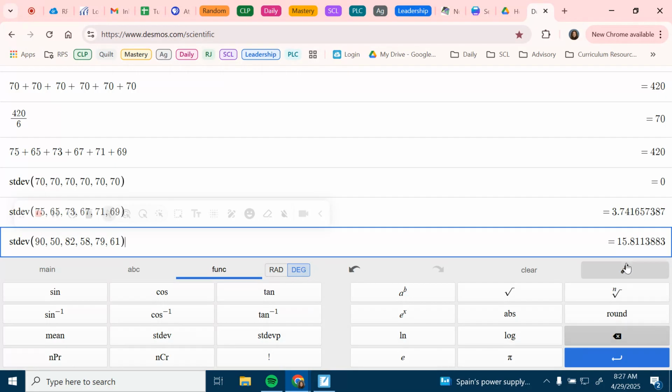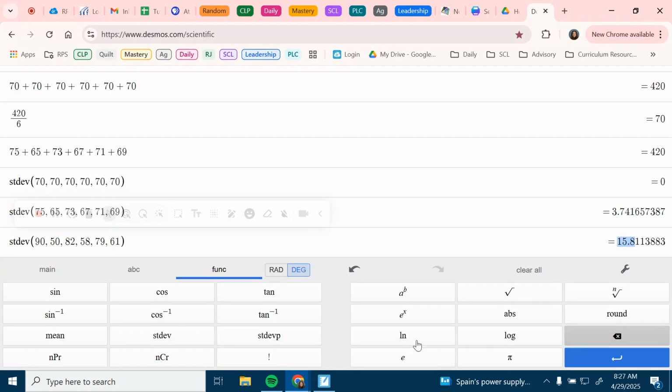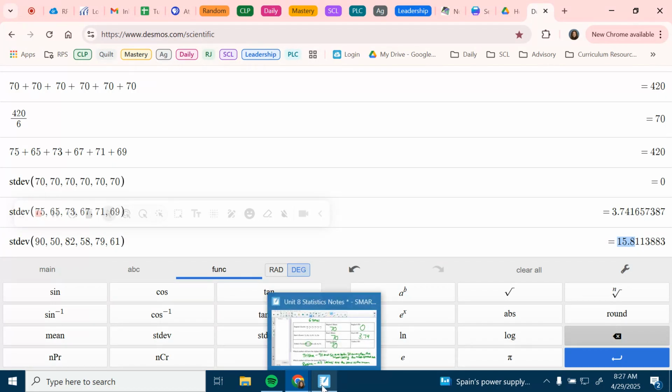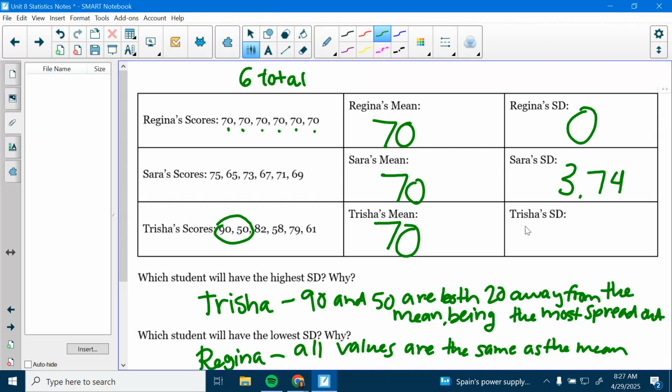And I get that my data has a standard deviation of 15.8. So we were right in our predictions that Trisha is going to have the highest standard deviation because the data is furthest away from the mean.